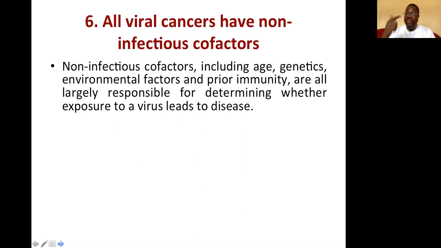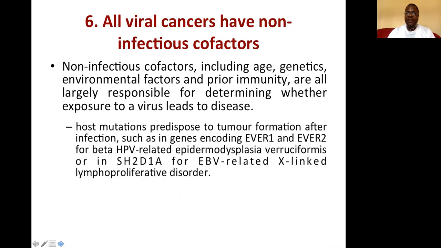There are also genetic factors that play a major role. There are environmental factors. There is also a problem with the immune system that becomes weak. So those are mainly the key factors: age, genetics, the environment, and your immune system. Those are factors that largely influence those viruses to cause cancer. They cannot otherwise do it on their own.